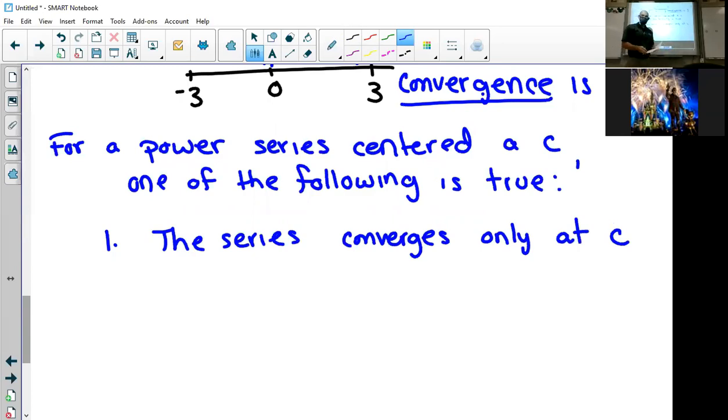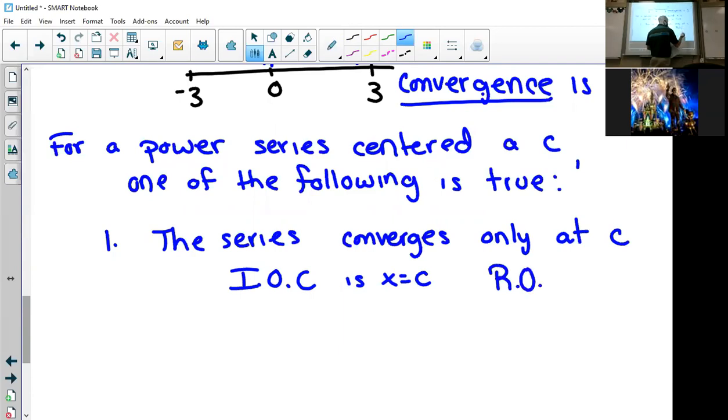Okay, so that's one possibility. The series will only converge at one particular value, which is at the center. In that particular case, the interval of convergence, which we're going to abbreviate with IOC, is x equals C. And the radius of convergence we're going to do with ROC is R equals 0. Okay, because it wouldn't converge on an interval, it would just be one value.